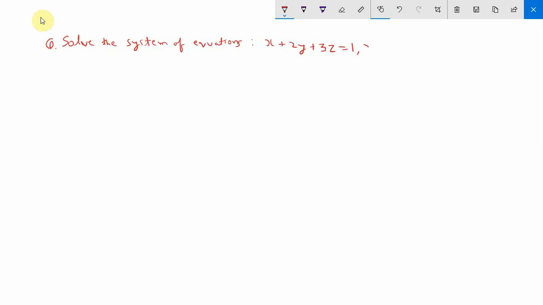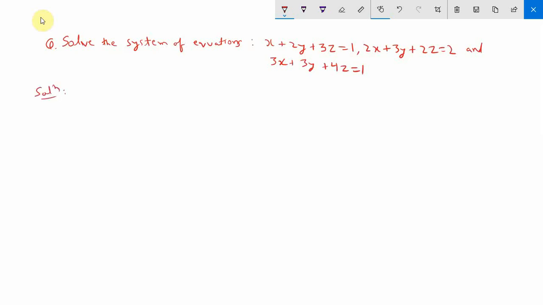Second equation is given as 2x plus 3y plus 2z equal to 2. Third equation is 3x plus 3y plus 4z is equal to 1. So we will solve it with the help of matrix method.